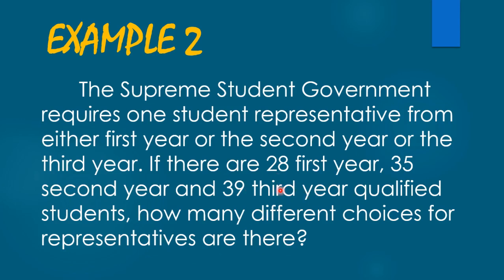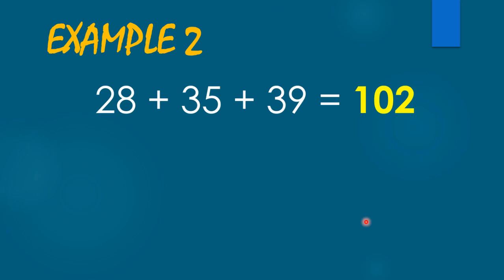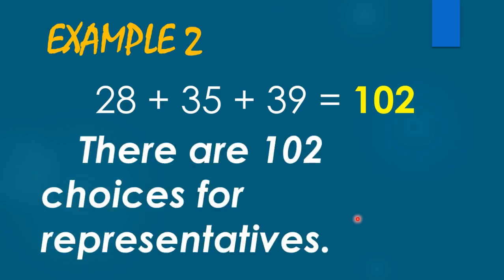Since we have different choices from the first year or the second year or the third year, we'll have 28 plus 35 plus 39, that is equal to 102. So there would be 102 choices for representatives.